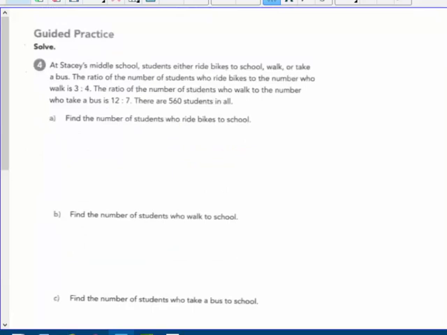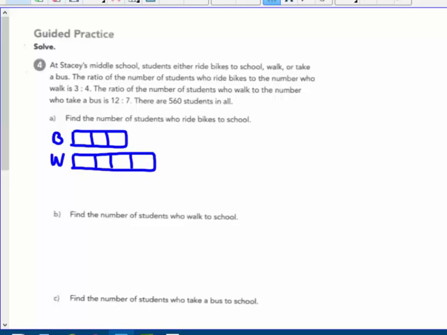At Stacy's Middle School, students either ride bikes to school, walk, or take the bus. The ratio of the number of students who ride bikes to the number who walk is 3 to 4. The ratio of the number of students who walk to the number who take the bus is 12 to 7.